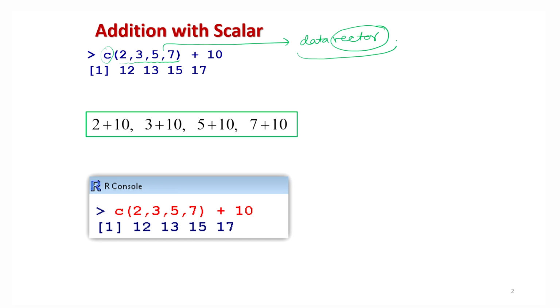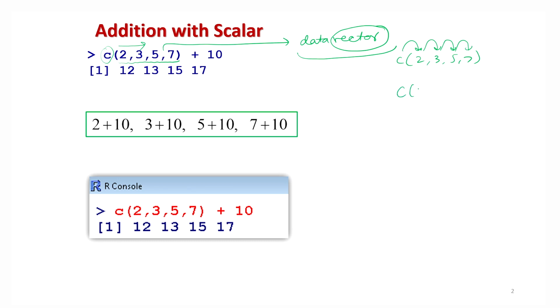The only difference between a data vector and the others is that a data vector simply combines different values in the same order in which they are written. For example, if I say c(2, 3, 5, 7), then R will operate first on the first position number, then on the second position, then on the third position, and finally on the fourth position.